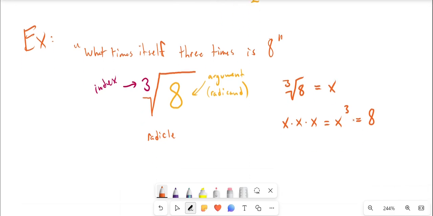And the number that will satisfy this is 2. 2 to the 3rd power is 8. And so we would say something like the cube root of 8 is equal to 2.